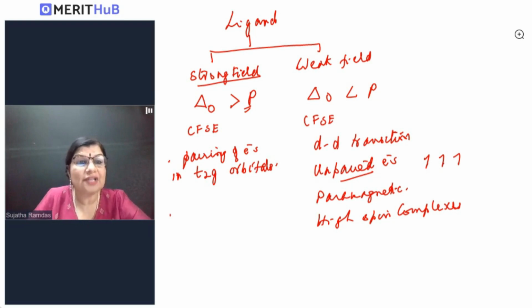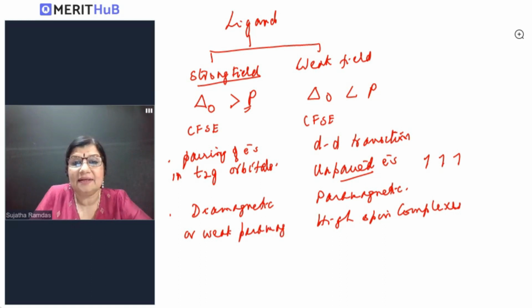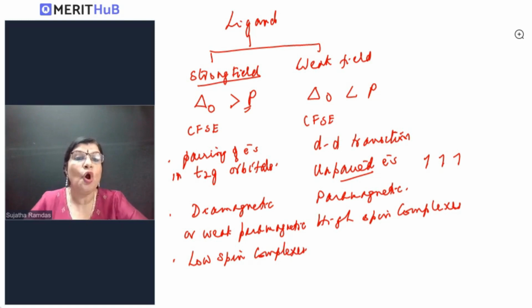When pairing of electrons occurs, the magnetic behavior is mostly diamagnetic or weakly paramagnetic. There might be just one unpaired electron that makes it weakly paramagnetic, as a result of which they produce low spin complexes, because there are very few or hardly any unpaired electrons.